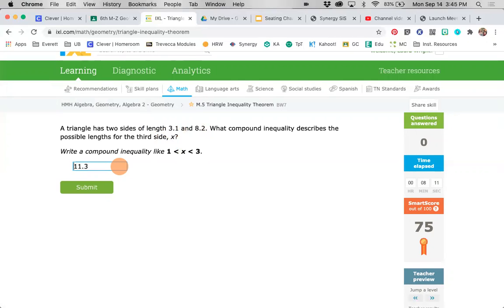I'm going to type 11.3, and then I'm going to go in and put an X. Now I just need to subtract 8.2 minus 3.1, and I get 5.1. So 5.1 has to be less than our missing side, X, and X has to be less than 11.3. Again, these 5.1 and 11.3 numbers came from simply adding and subtracting the two given sides.